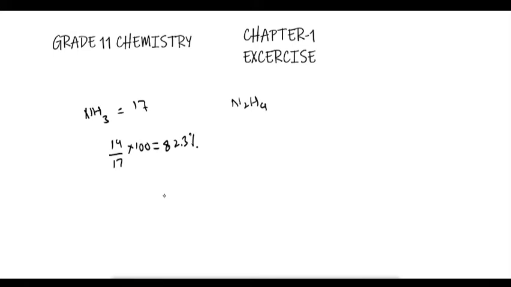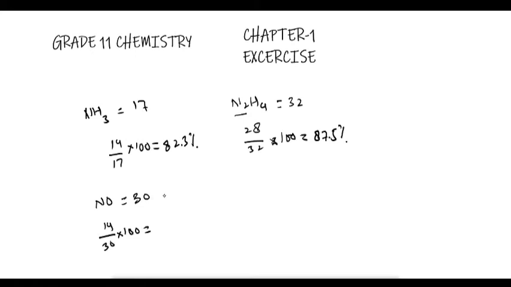Then we have N2H4. So if you calculate the mass, this is equal to 14 into 2 is equal to 28 plus 4, that is equal to 32. And out of 32, we have 28 grams of nitrogen, multiplied by 100. This is equal to 87.5%. Then we have NO, and this is equal to 14 plus 16 is equal to 30. Out of 30 we have 14 for the nitrogen, so this is equal to 46.6%.